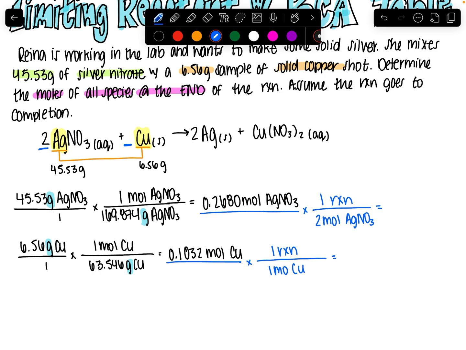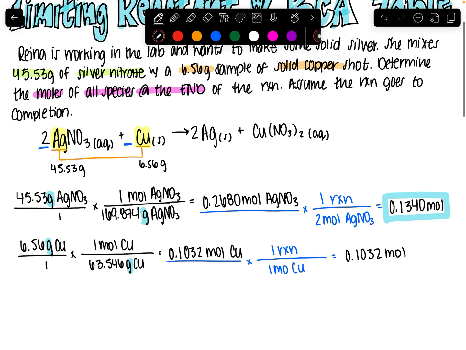So all I have to do now is take my moles of silver nitrate and divide it by 2 to figure out how much I use per every reaction, and I end up with 0.1340 moles. For copper, since I'm just multiplying by 1, 0.1032 moles. So kind of close, but this one up here ends up being smaller. Because this value is smaller here, it tells me that silver nitrate, oh wait, what?